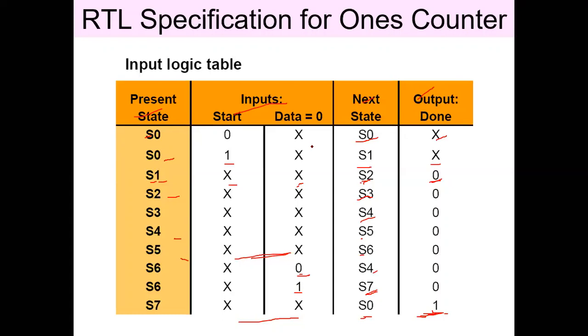Depending upon that, the next state will be defined. And the final output done signal will depend on the state, so the done signal value also should be represented in the input logic table. Is it clear? Any doubts? No, sir. Okay, that's the input logic table representation.